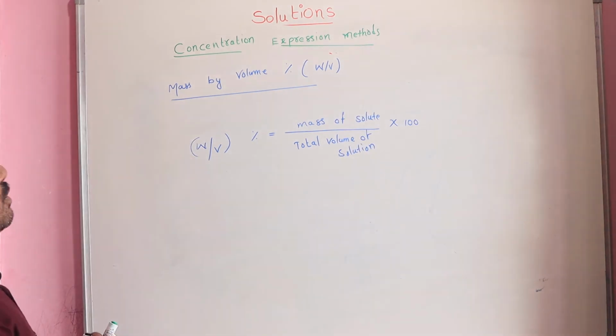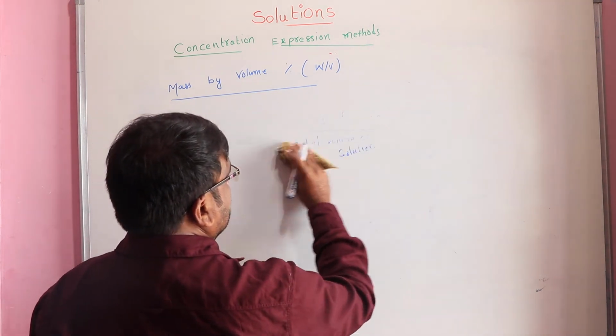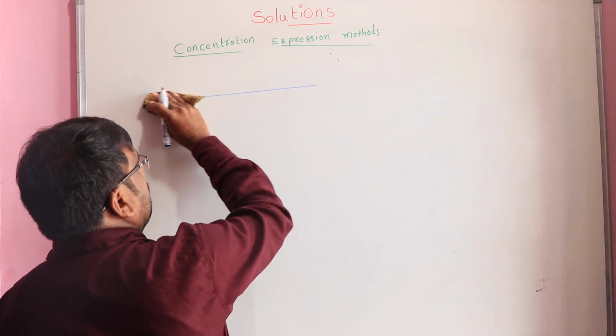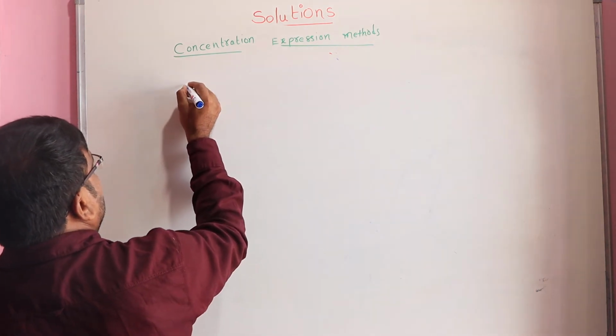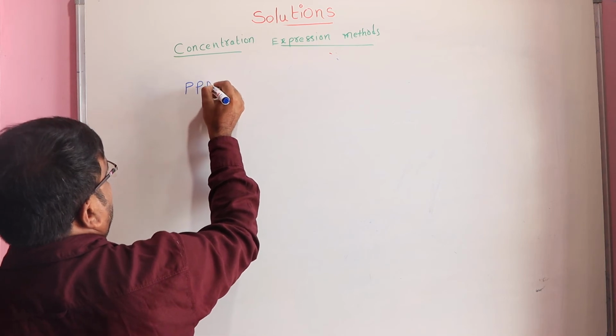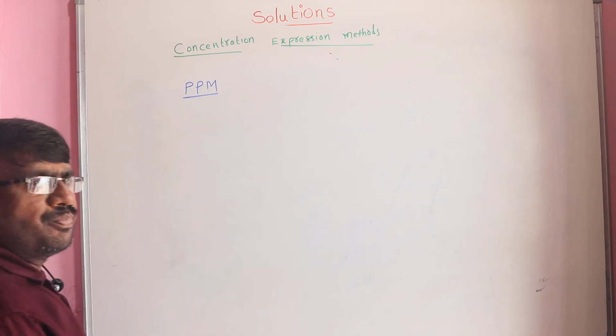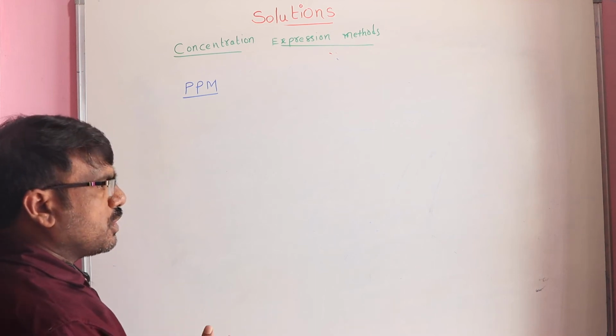So this is about the mass by volume percentage. And after this, one more important concentration expression method is there, that is ppm, parts per million.